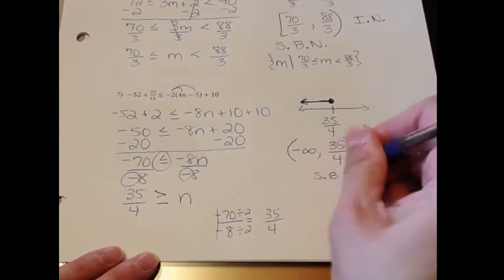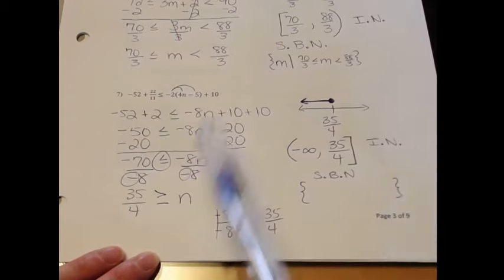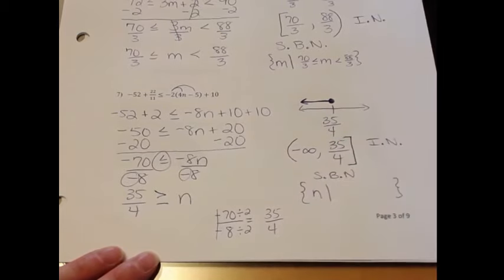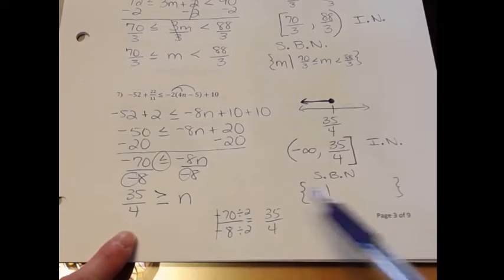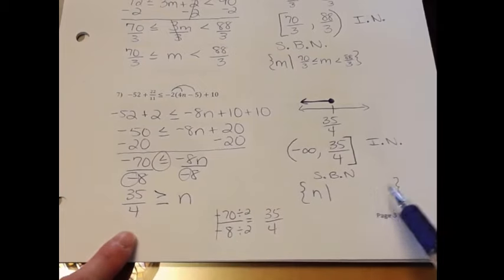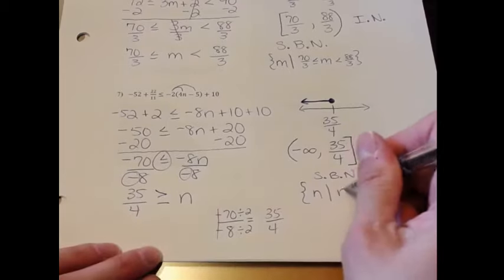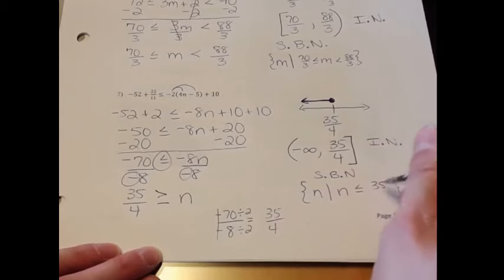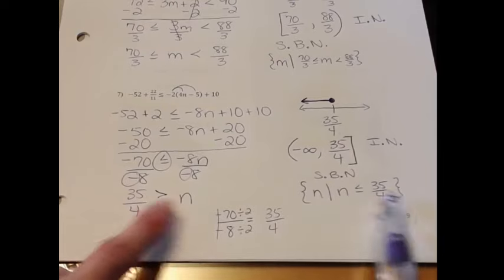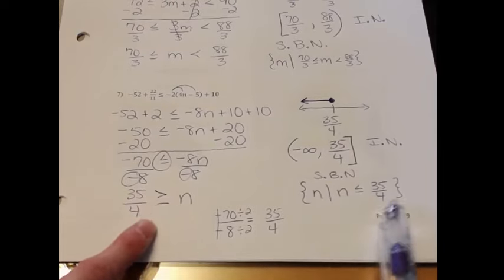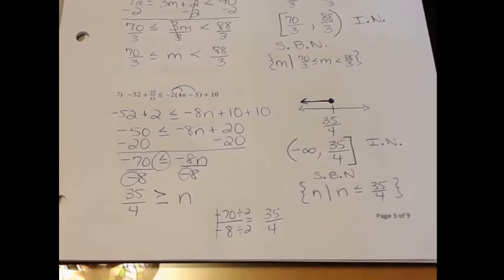Lastly, we want set builder notation. So we need our braces. My variable is n, put the vertical bar, and then if you want, you could just write in here 35/4 is greater than or equal to n, or if you wanted to, you could write n is less than or equal to 35/4, because these say exactly the same thing, which is why your graph reflects that particular inequality.